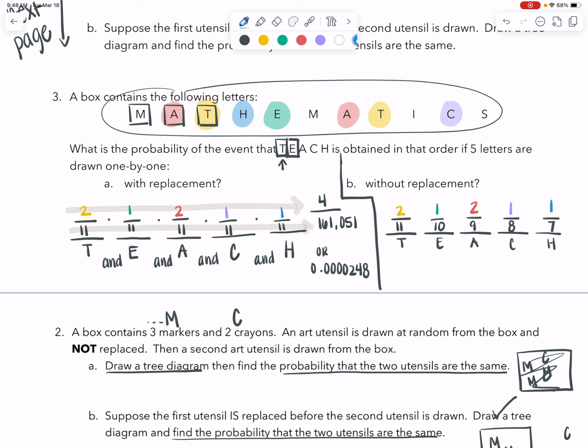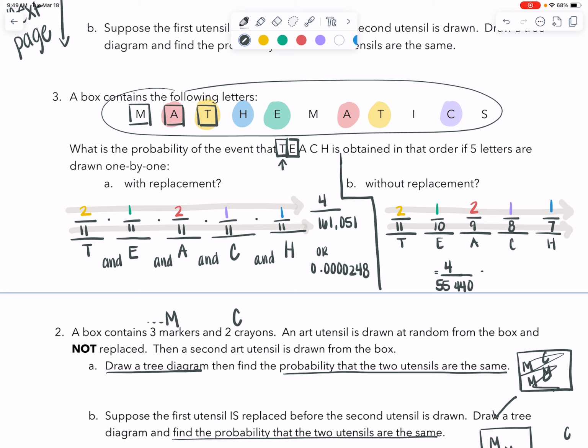Now, just like before, multiply straight across the top, straight across the bottom. And when you multiply the top, you get 4. When you multiply the bottom, you get 55,440.